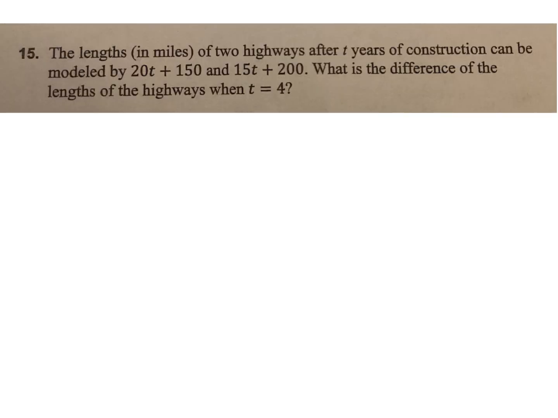All right, we have one last question. The lengths in miles of 2 highways after T years of construction can be modeled by 20T plus 150 and 15T plus 200. So I have 2 different highways. I'm going to do this first one in red. So 20T plus 150.